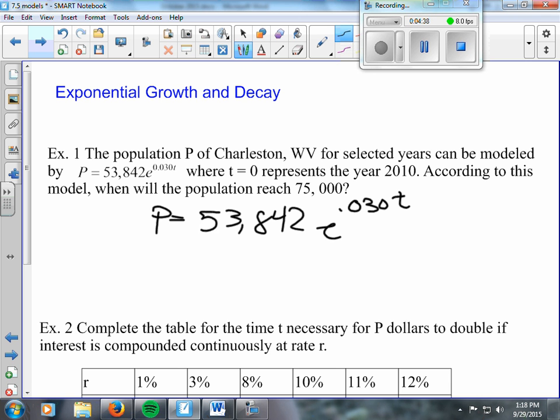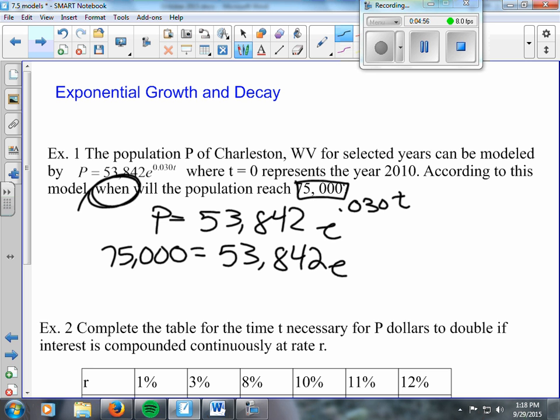And so when will the population reach 75,000? The way you read these is you look at these numbers. That number 75,000 is a population. I'm going to put that into the spot where population goes, and the question uses the word when, and that means I should solve for a time period. And so we're going to put in 75,000 and solve for t.